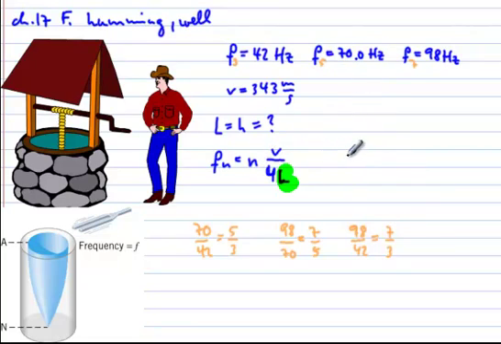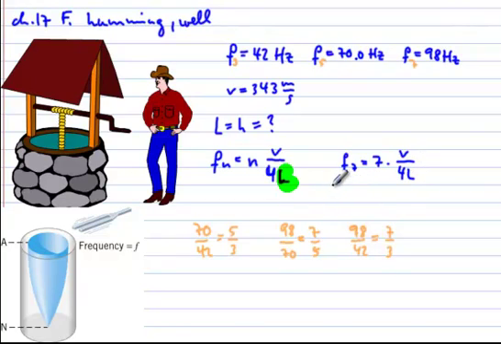At this point, we could, for example, choose the 98 hertz, and then we would say F7 equals 7 times V over 4L.